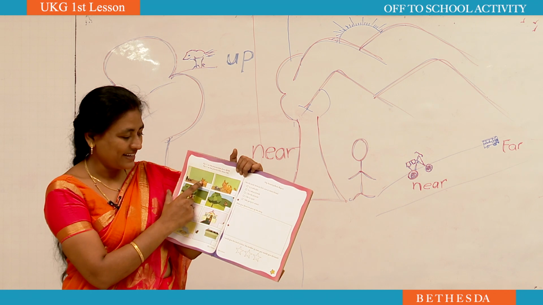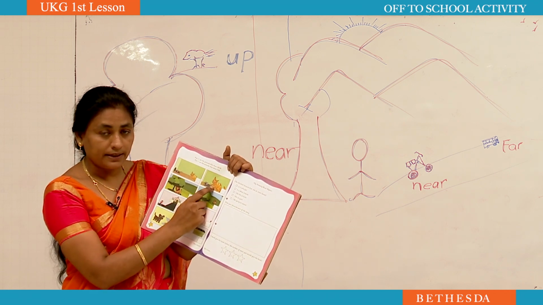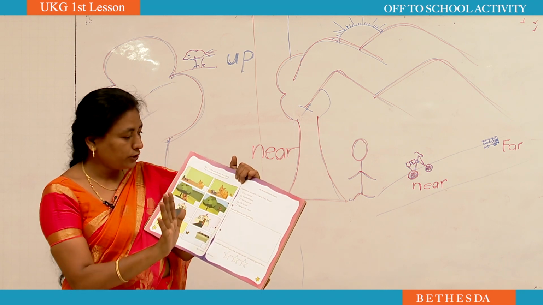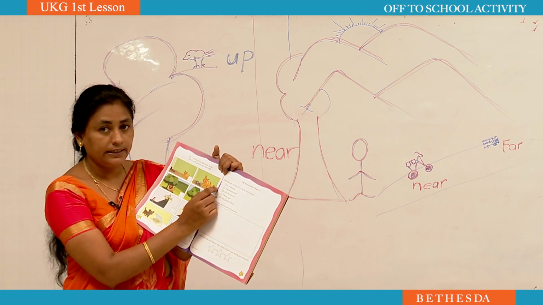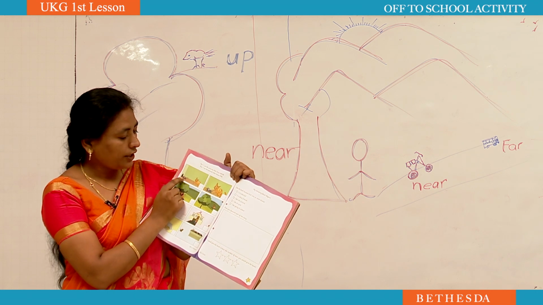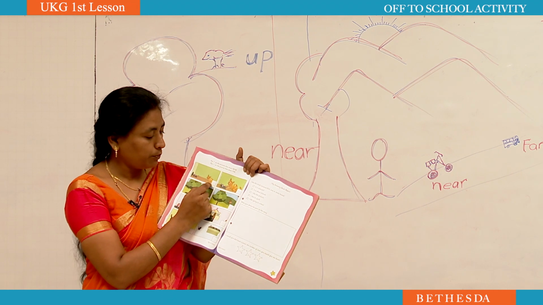Far. Yes. In this picture, near, they both are near. Here they both are far. What you have to do, Nana? For near, you have to put with red crayon, and for the far, blue crayon. Okay, Nana?